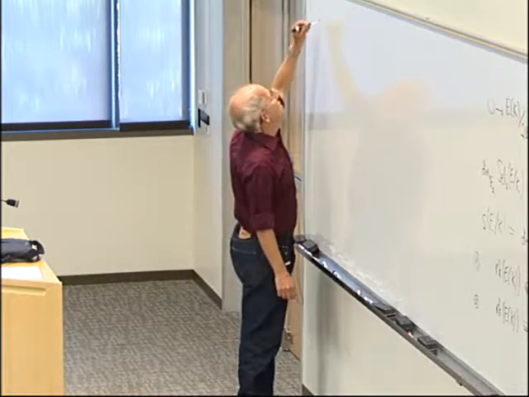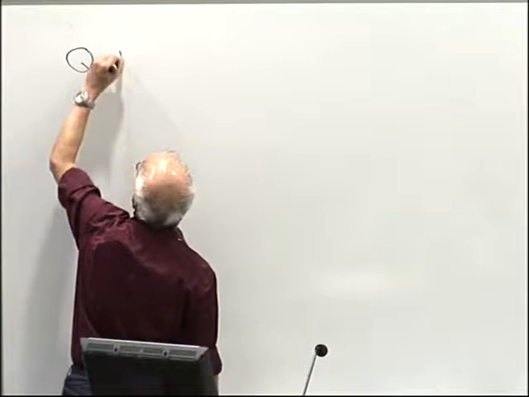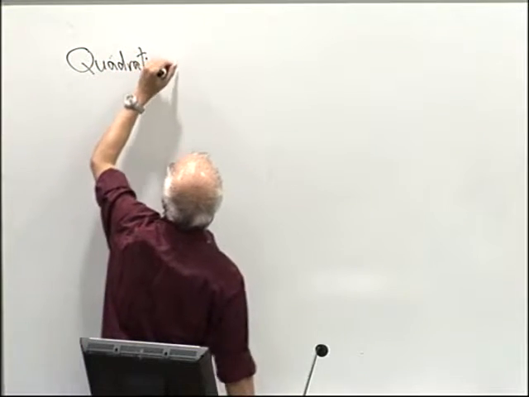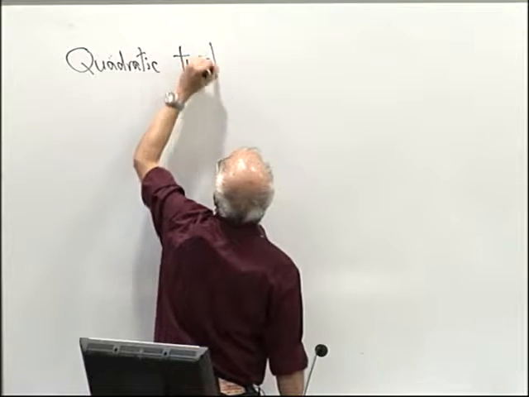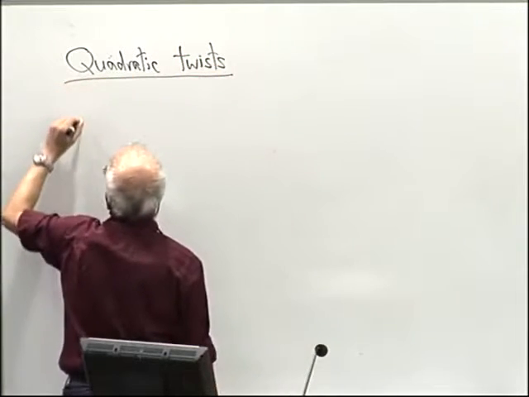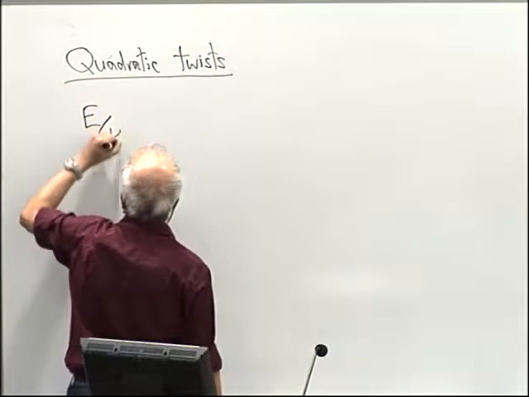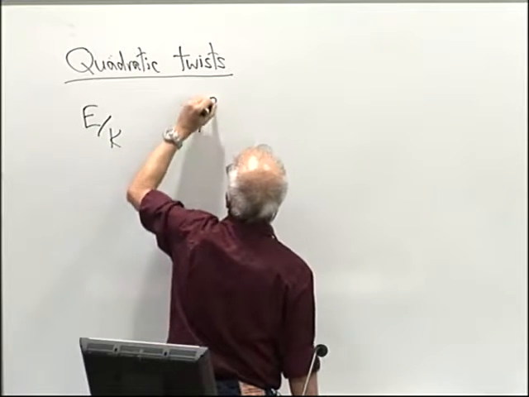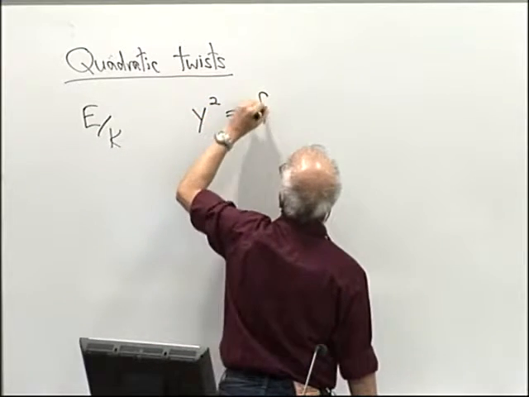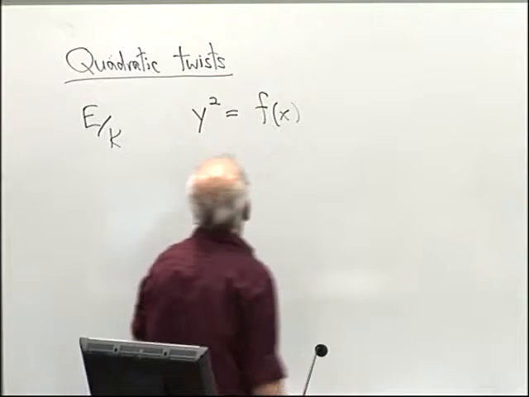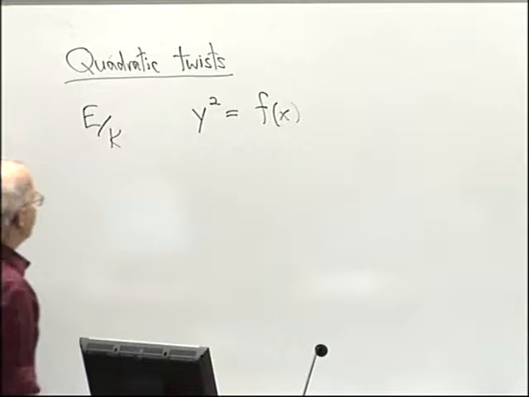So let me say what I mean by quadratic twists. So I have my elliptic curve over some number field k given by an equation y² equals f of x with a cubic polynomial f.